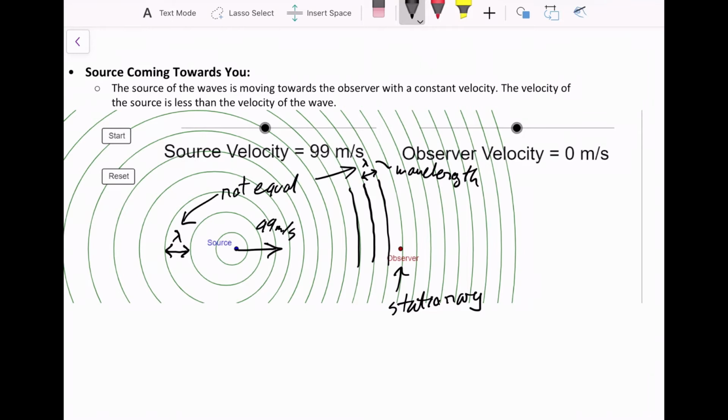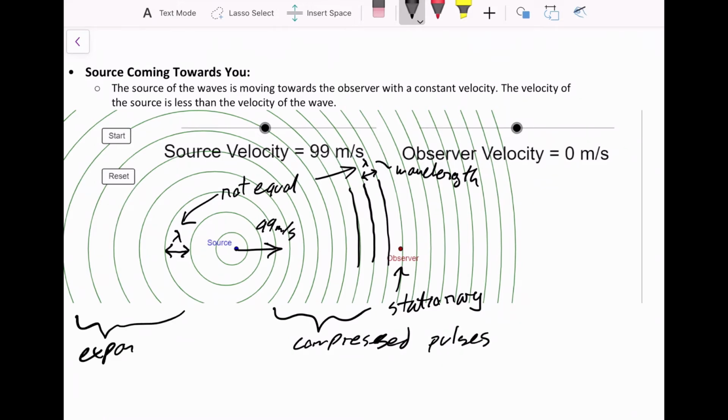The reason that this happens is that as the source moves, the origin of each wave pulse is from wherever the source was at the time that it was released, but because the source is moving, it sort of looks like the circles are moving to the right. And so over here on the right, we end up with some compressed wave pulses, whereas over on the left, we sort of have an expansion between pulses.